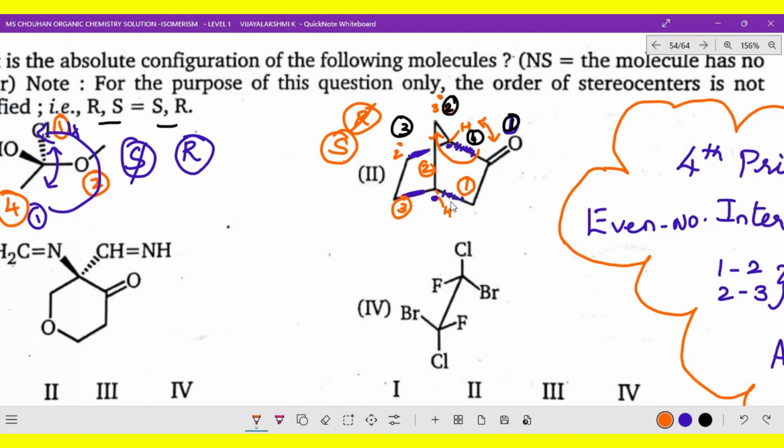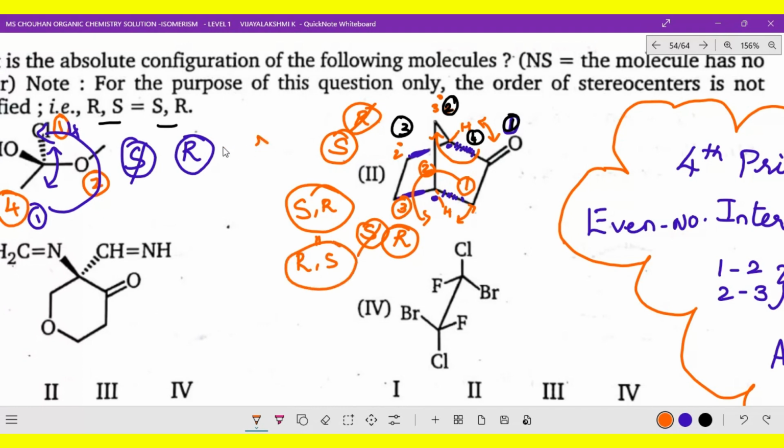The fourth priority should be on the dash. Here also an interchange is taking place. So 1, 2, 3, 4 means anti-clockwise. Anti-clockwise is S only. But we are changing into R, right? So here S and R, which is also known as R and S. Here they already mentioned RS is equal to SR. Okay, now the second one is RS.